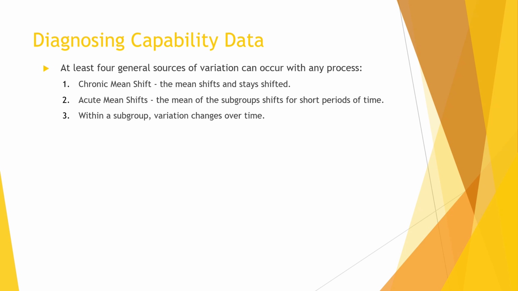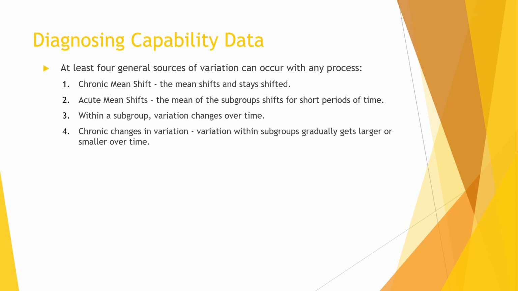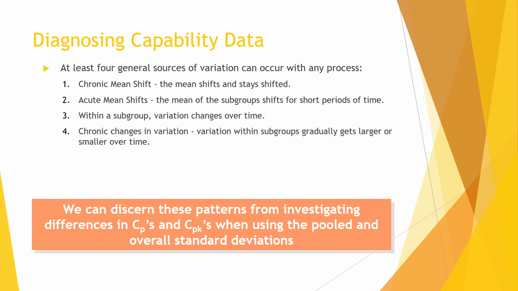Within a subgroup, variation changes over time. Chronic changes in variation. Variation within subgroups gradually gets larger or smaller over time. We can discern these patterns from investigating differences in CPs and CPKs when using the pooled and overall standard deviations.